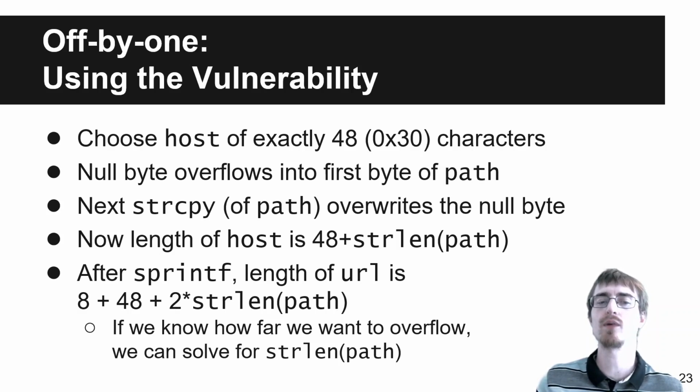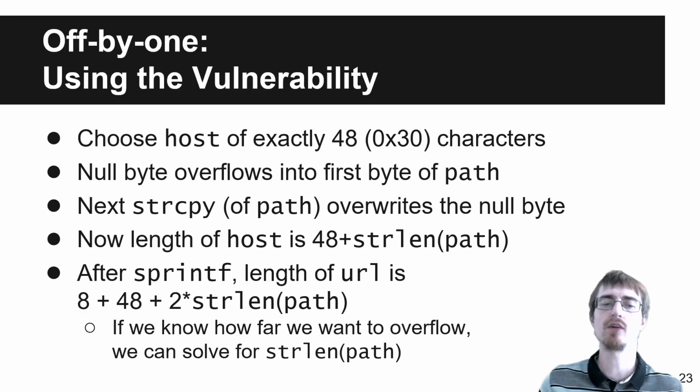So this means that when we get to sprintf, it no longer necessarily fits in the URL buffer. So the length that we get is 8, which was the fixed part of the string, plus 48, which is the full host buffer, plus 2 times the string length of path. Because the string length of path is added when path itself is copied, but it's also added after the host.